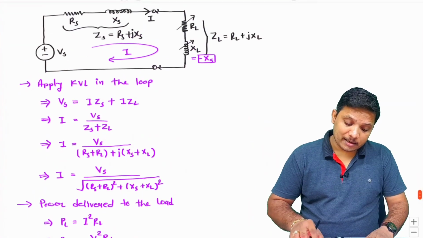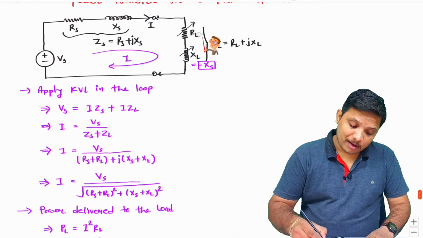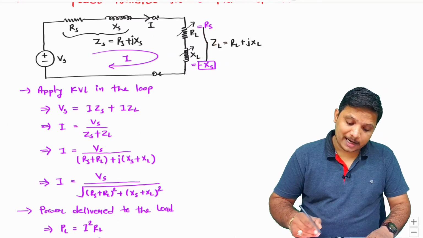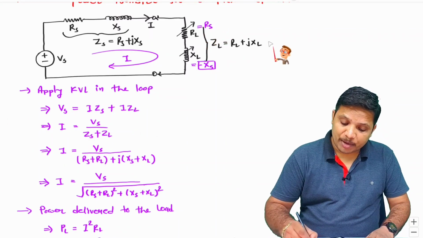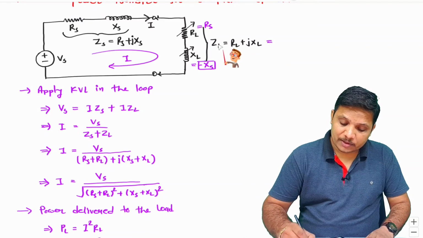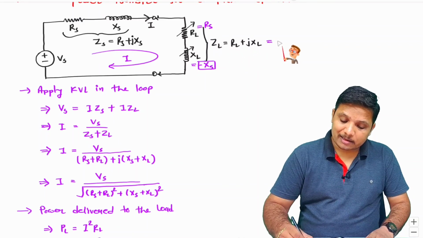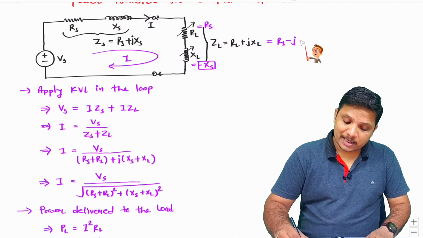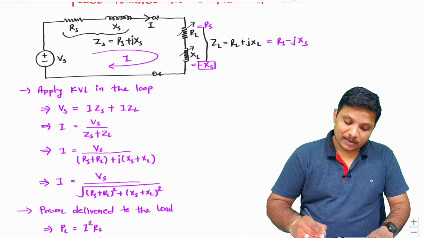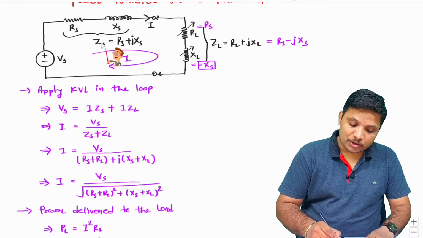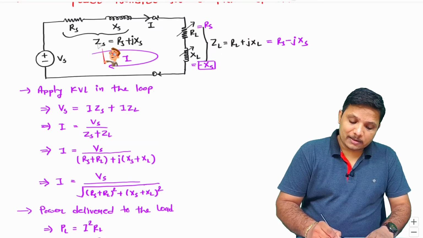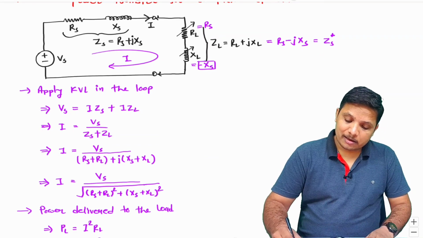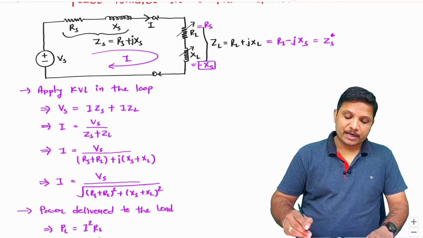So now you see we have RL that should be equal to Rs, right? So to have maximum power delivered to the load, we should have ZL equal to Rs minus j XS, and that will be the complex conjugate of this source impedance, right?